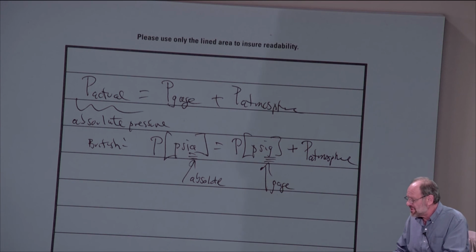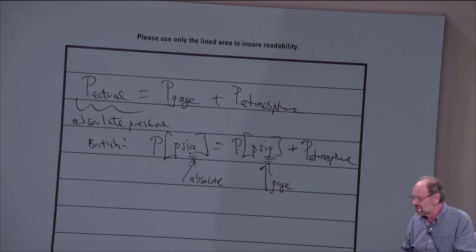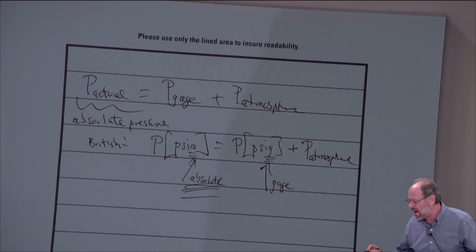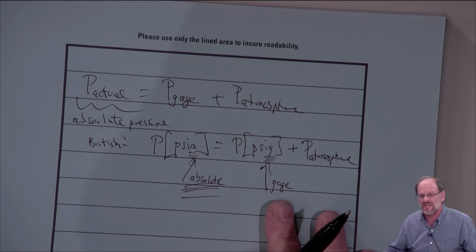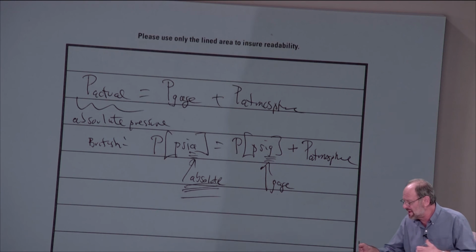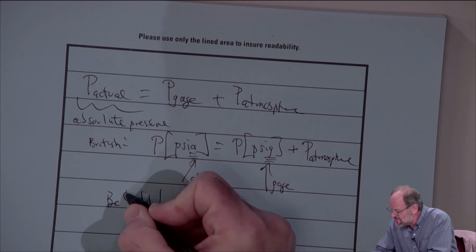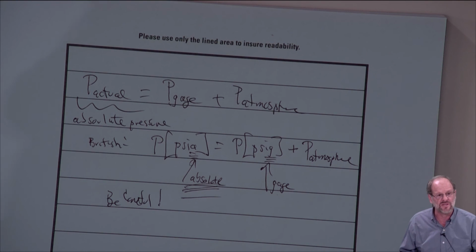Okay. So we need to make sure that we do this properly. In essentially all problems, we need to use the absolute pressure, but often, not always, often it's the gauge pressure that would be given. So all I'm really saying here is be careful. Make sure you know what pressure it is you're dealing with.